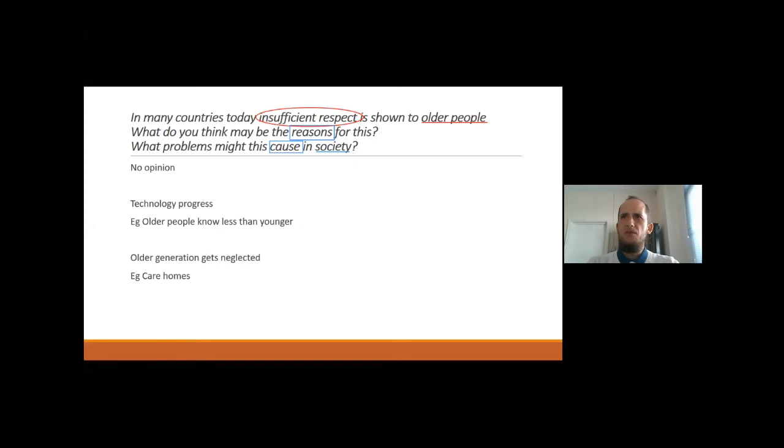So that's what I'm going to argue. It might not be the best idea, but it's going to do for an essay. I'm going to say that older generation people stop really being respected. They're kind of not really needed anymore.